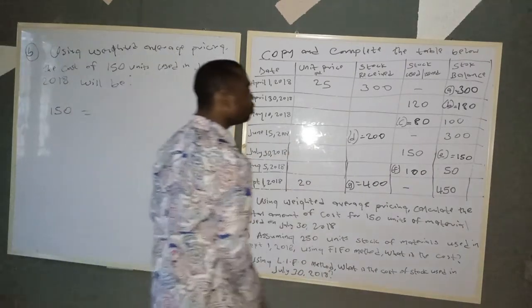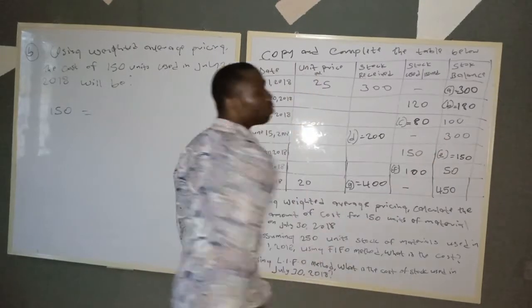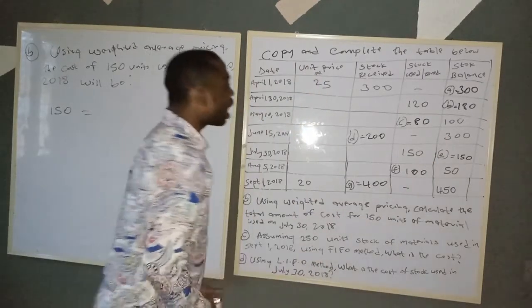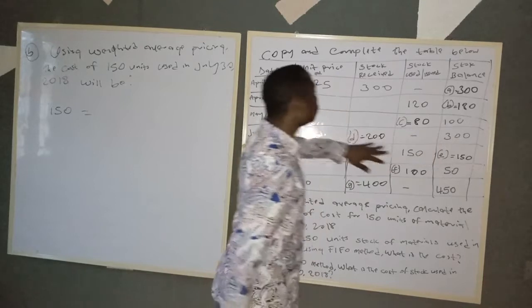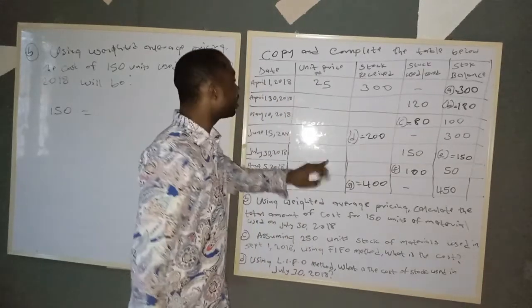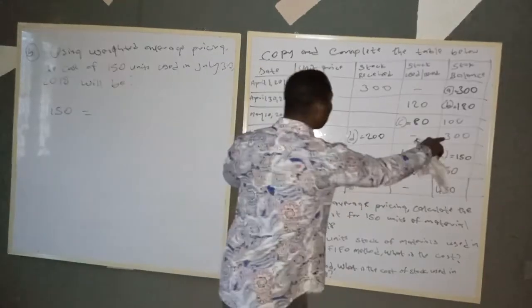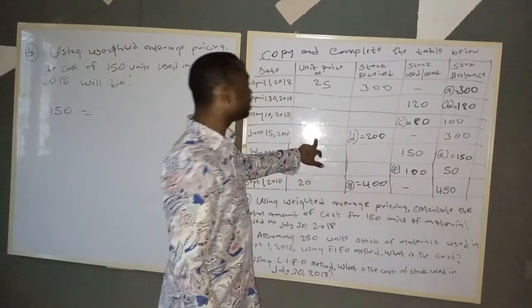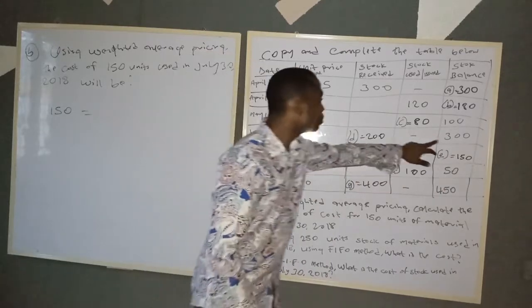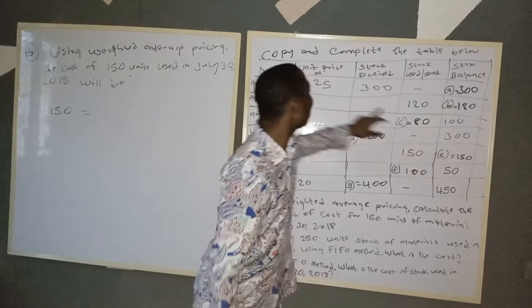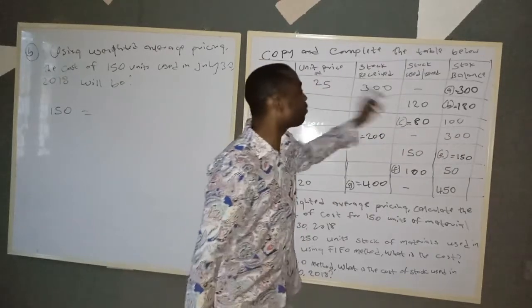That 150 units was used from this 300. And this 300 did not come with just a single price. They came with different prices. Out of this 300, 200 came with 30 naira per unit, and 100, which is the balance from here, came with 25 naira per unit.